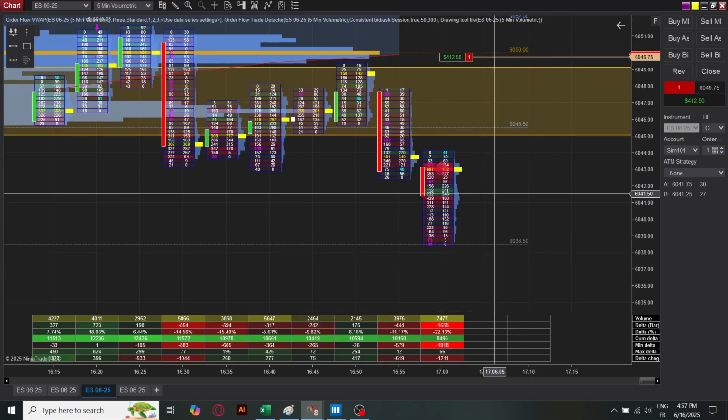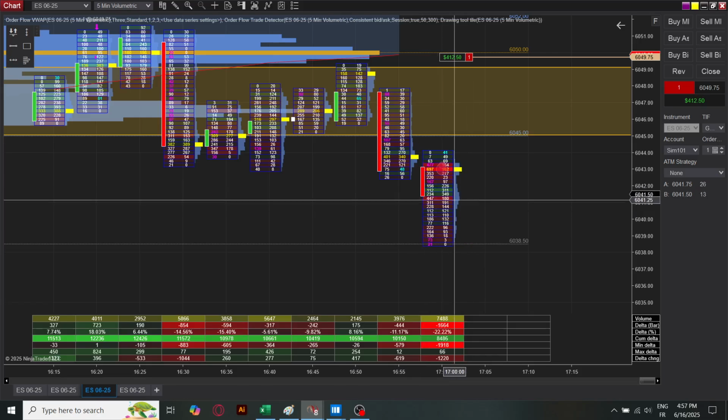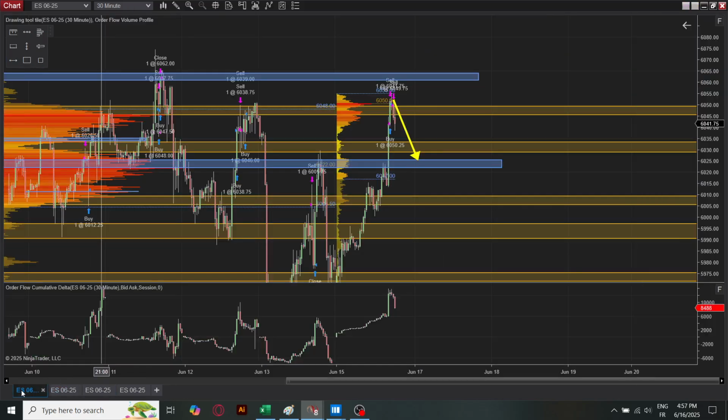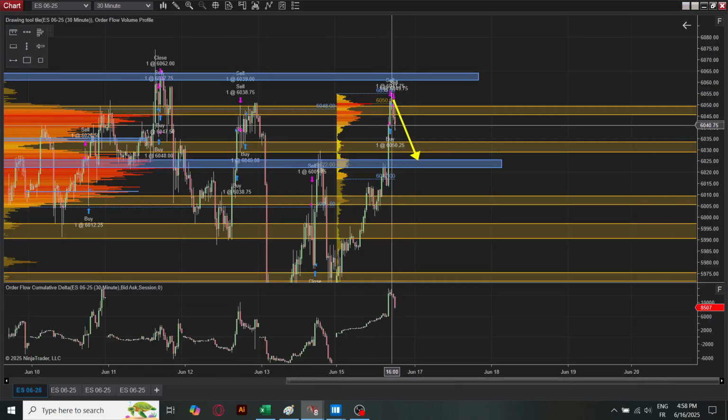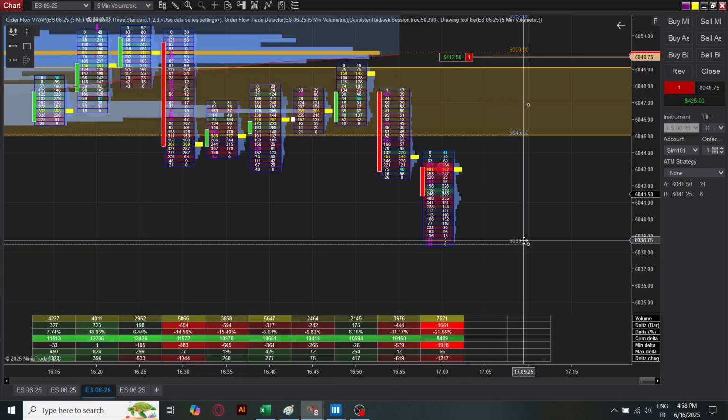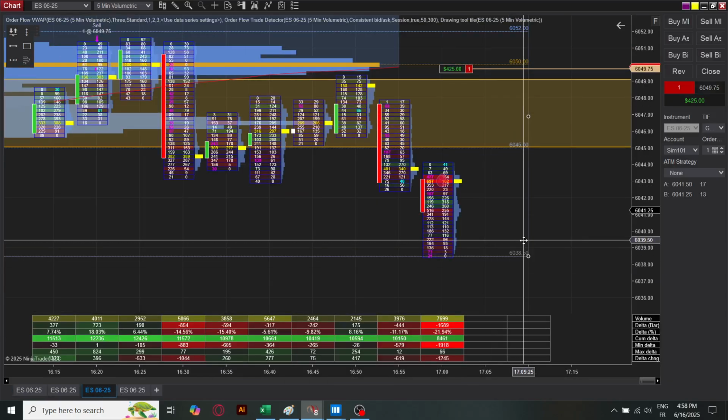Some people, when they see this rejection without the footprint, will think that price is rejecting here and it's time to go long. But no, not going long.